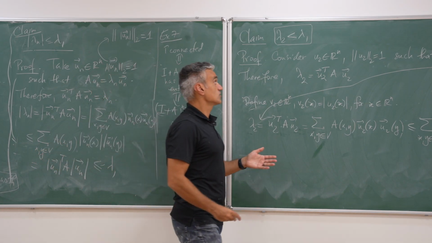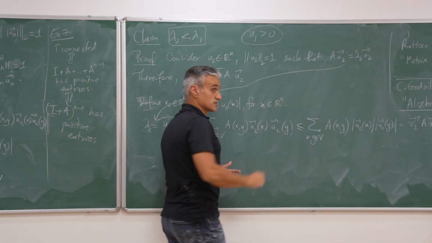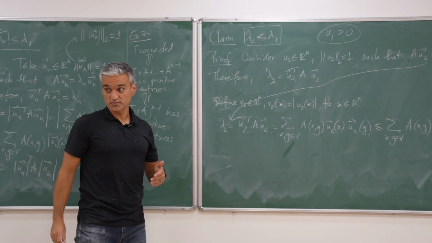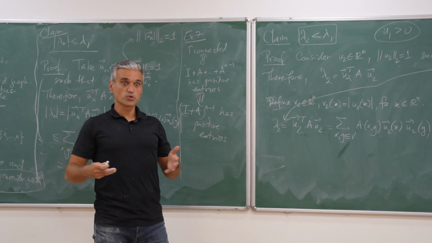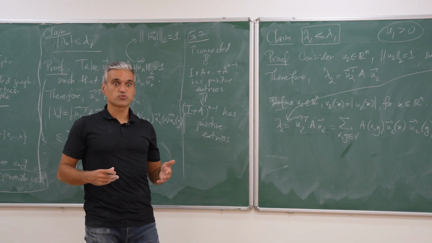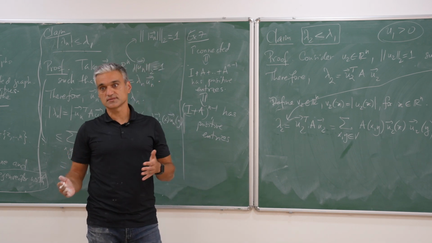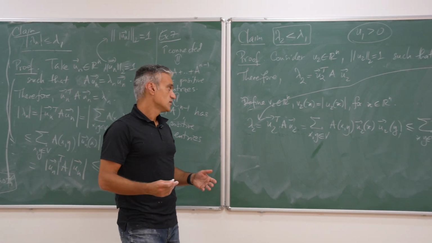So we know for sure that u1 is positive. We can take u1 to be a positive eigenvector, and u2 is going to be perpendicular to it. So u2 is guaranteed to have what? Negative and positive, and you could have zeros, okay?